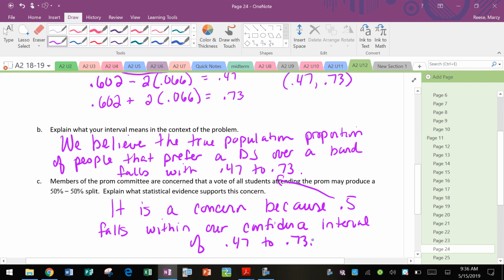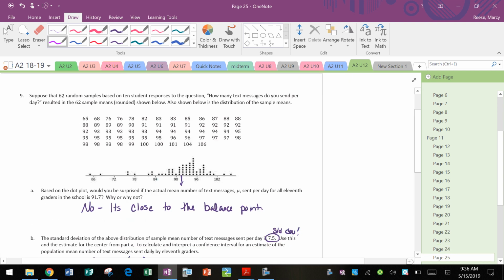The actual population proportion could be anywhere in there, or it could be 0.50. We know the actual population value is going to be in that range. So yeah, they have a concern. It could be completely split.